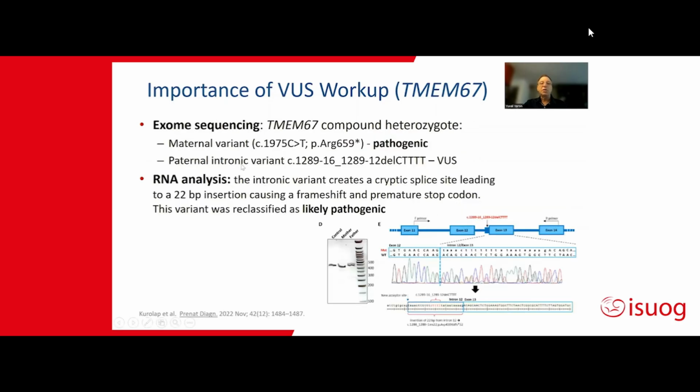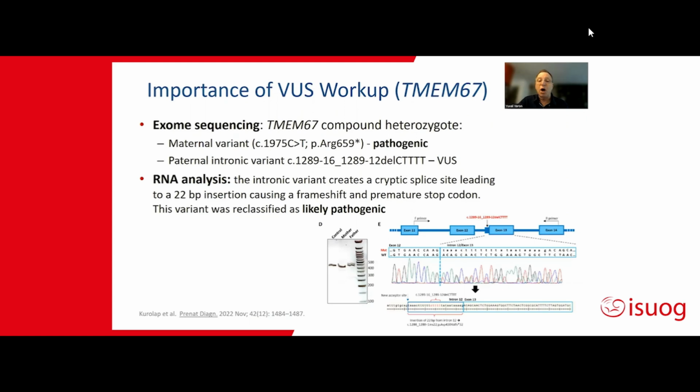When we did exome sequencing, we found that the fetus was compound heterozygous, meaning that they had two different variants in this gene. One was a clearly pathogenic variant inherited from a normal mother. Of course, it's a recessive condition. And this change results in a stop codon, so it's obviously pathogenic. But the paternal variant was intronic.